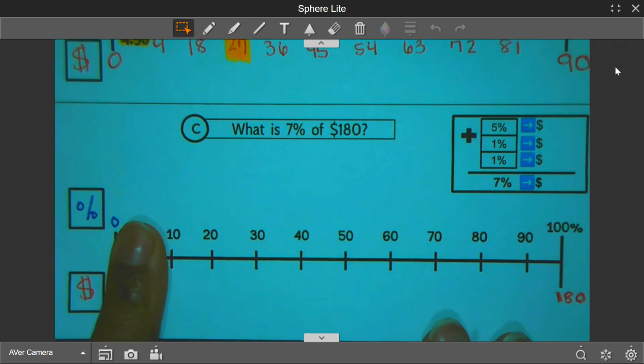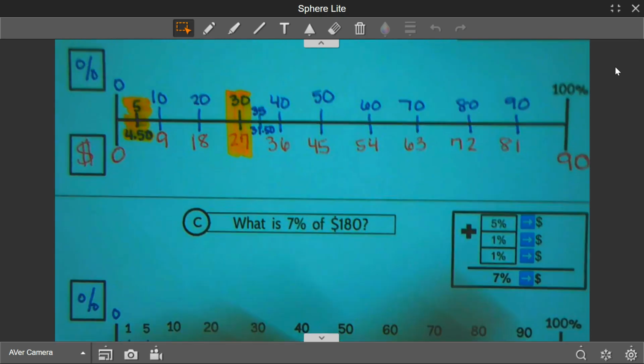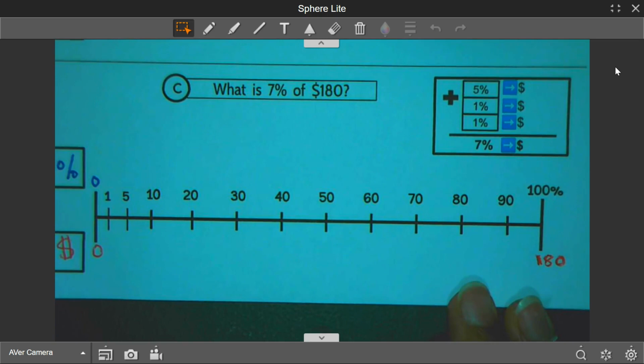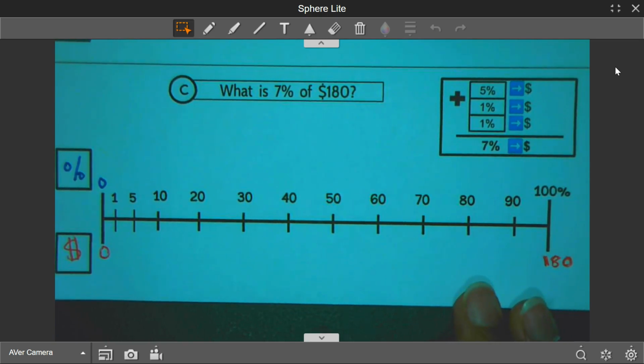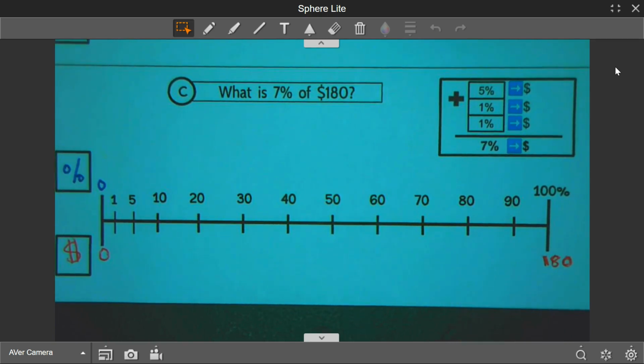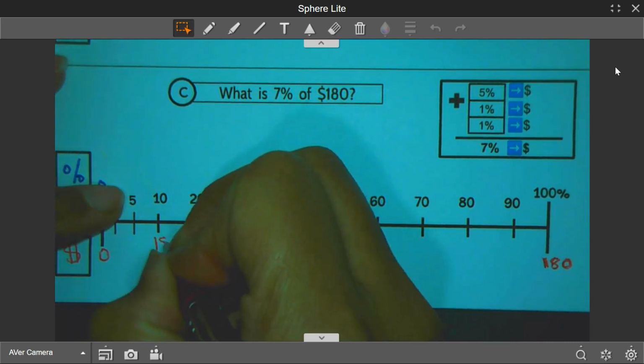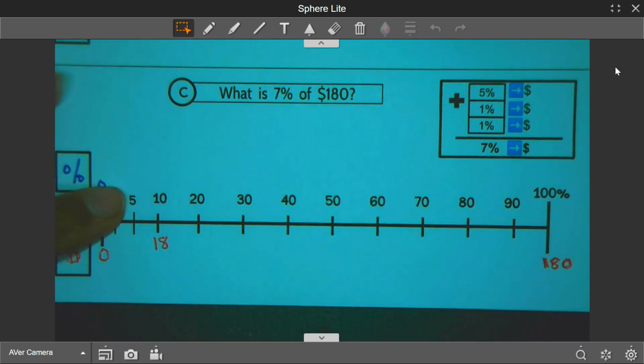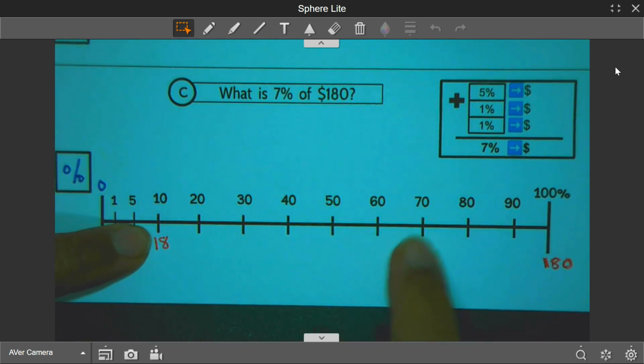Start off with 10% always. So think, what is 10% of 180? All right, say it out loud. Yep, that is $18. Now I need to add 18 each time, or multiply by 2, multiply by 3, multiply by 4. Okay.